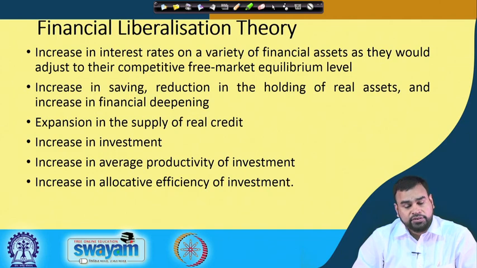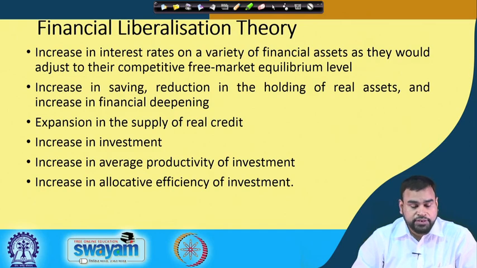So, liberalization can bring all kinds of efficiency to the market to a larger extent. That is why everybody believes that the market should be fully liberalized. Expansion in the supply of credit: because it is integrated and the market mechanism takes care of everything, there is a possibility that the supply of credit can grow from different sources.